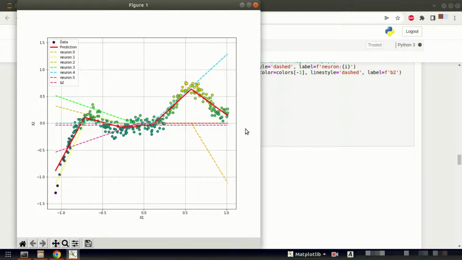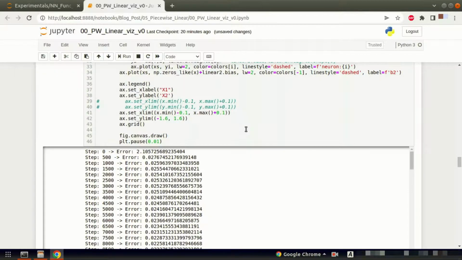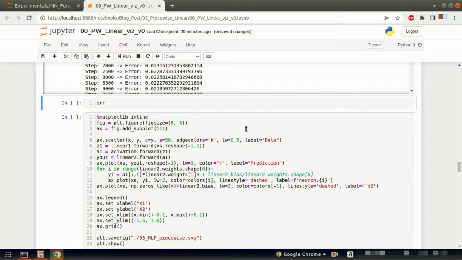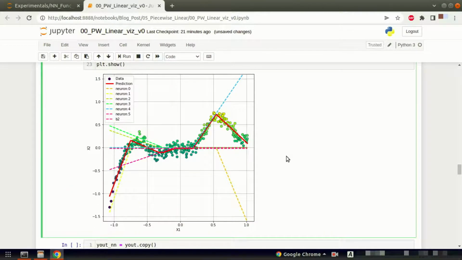As you can see, some neurons are facing downward, some are facing upward, some are breaking to the left, some are breaking to the right, and these all combine to make neural network. These all combine to fit the data and make this piecewise function.